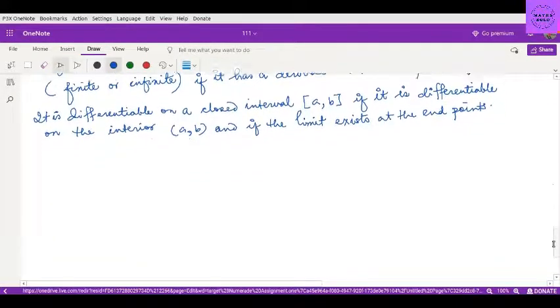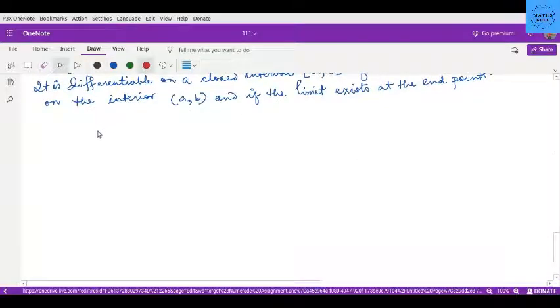So this is represented here as limit h tends to 0 positive of f of a plus h minus f of a upon h.